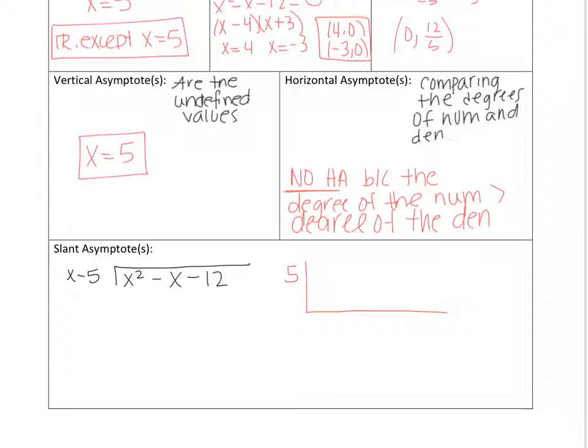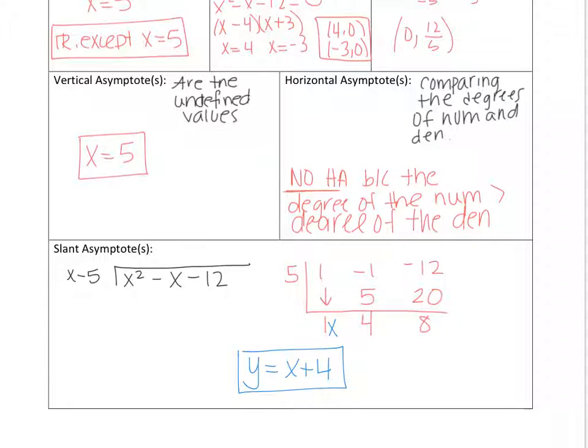I take the root, put the coefficients, 1, -1, and -12. Bring down the 1, multiply, add, multiply, add. So since the degree is x squared, when I do synthetic, it's 1 less. So this is 1x. And the 4 is the number. So the final answer is y equals x plus 4. That is my slant asymptote.